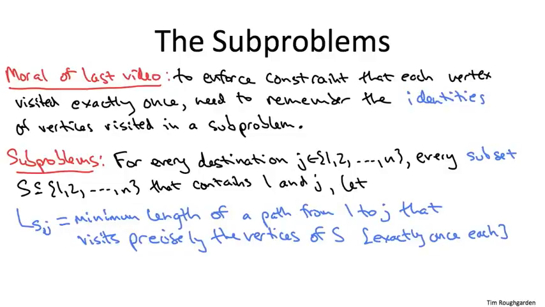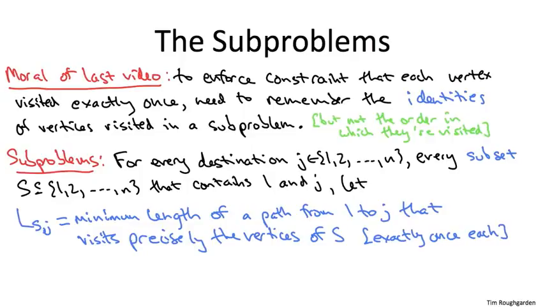And indeed, if we had one subproblem for every ordering in which you might visit vertices from a given source to a given destination, then we'd be stuck with a factorial number of subproblems. As it is, since we forget the ordering, we only focus on subsets, that gets us down into more of the 2 to the n range. And that's ultimately where the savings over brute force search comes from.